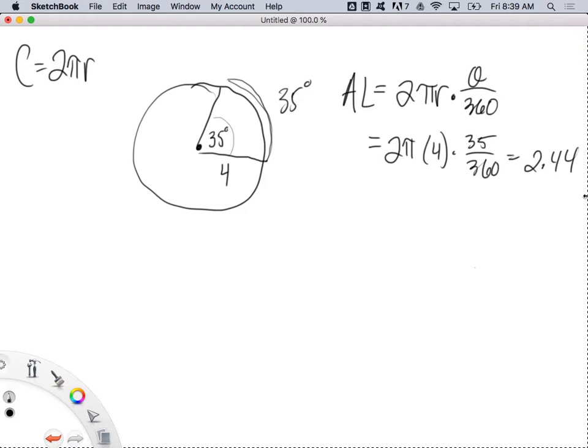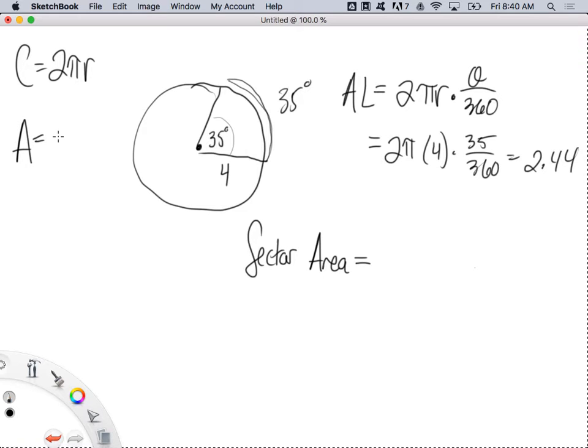Okay. Now, what about if I asked you for the sector area? Or I tell you I have a pizza, and I get a slice of pizza and the angle is 35 degrees. What's the area of that pizza? Well, first you have to know the area of a circle. What's the area of a circle? Pi r squared.